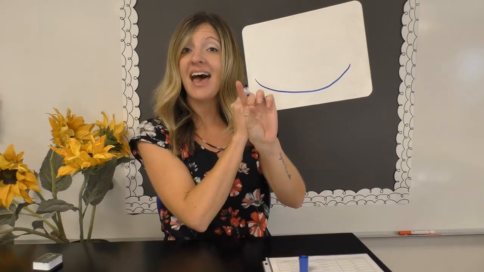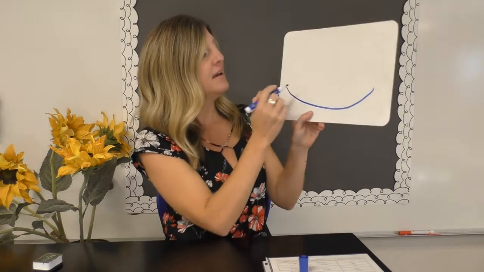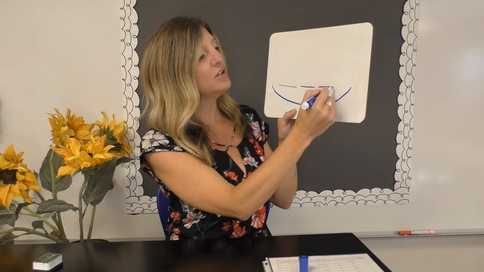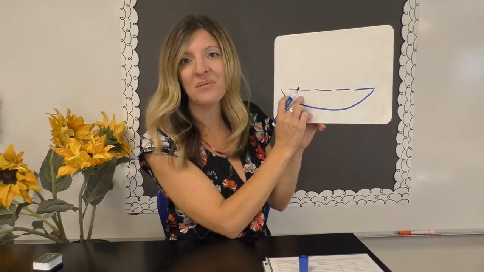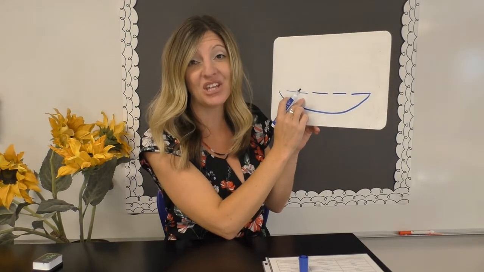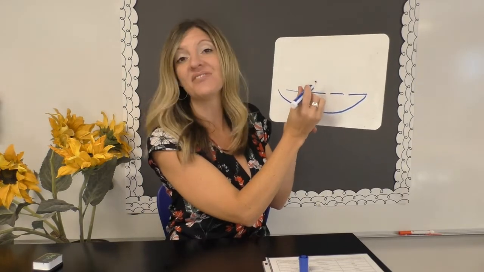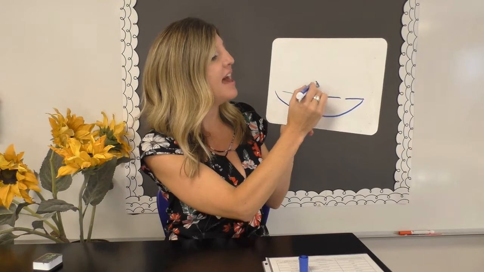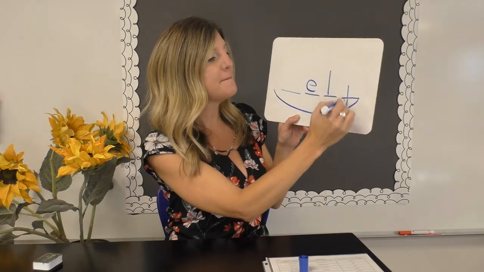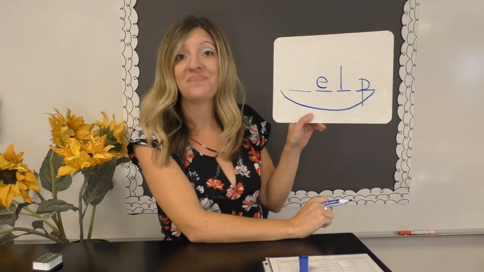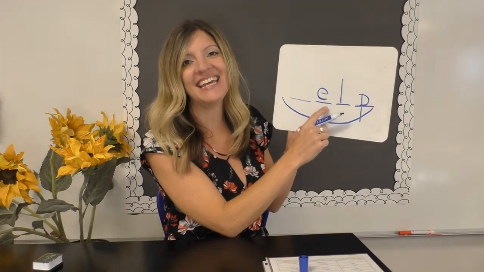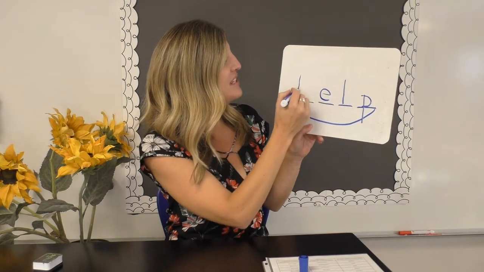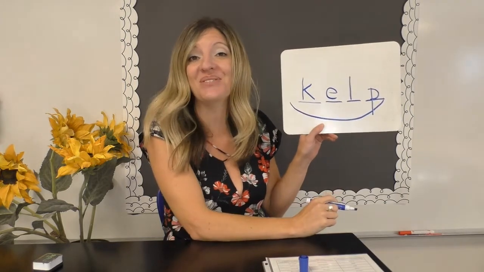K, e, l, p. I know that the k sound is going to be tricky and I'm going to have to think through that. So I look at the rest of the letters in the word. K takes I and E. C takes the other three. So in the word kelp, I'm going to use a letter K.